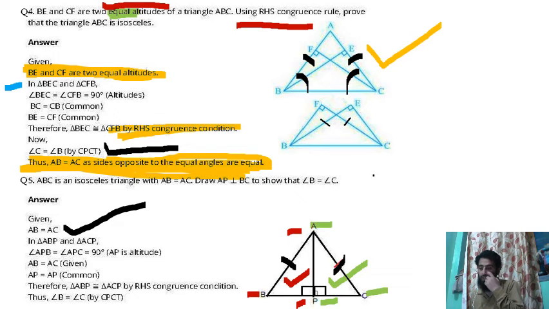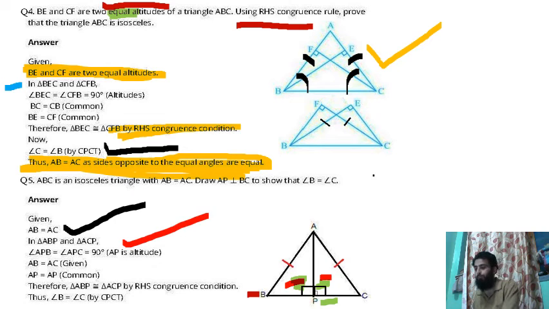In these two triangles, I have written down that angle APB equals angle APC equals 90 degrees. Since AP is an altitude, both of these angles will be 90 degrees, so they are equal to each other. So I have written APB equals APC, each 90.